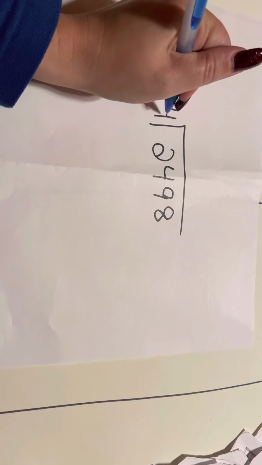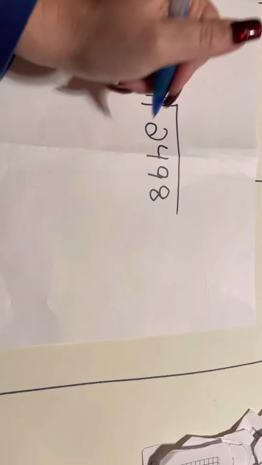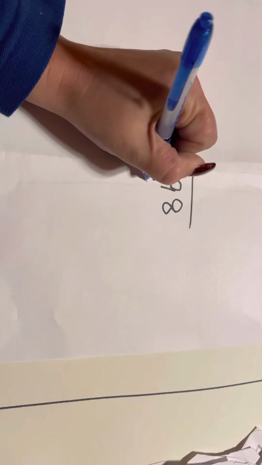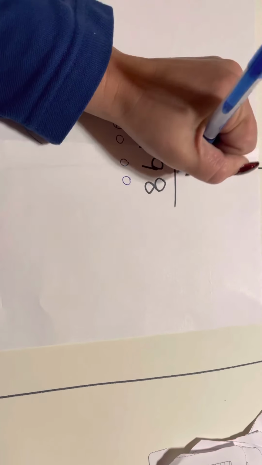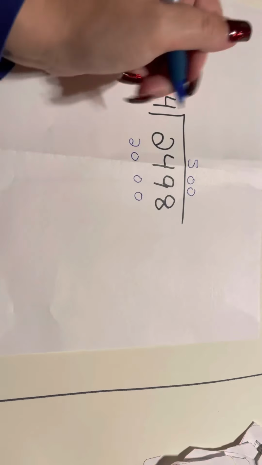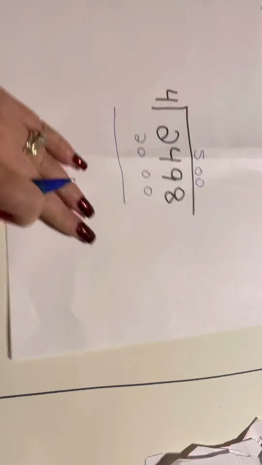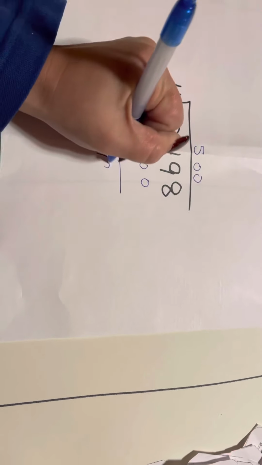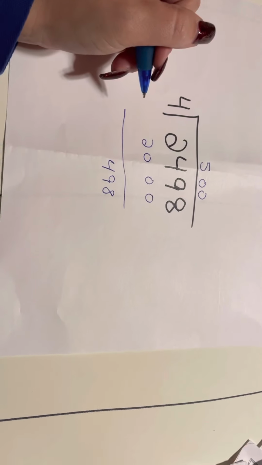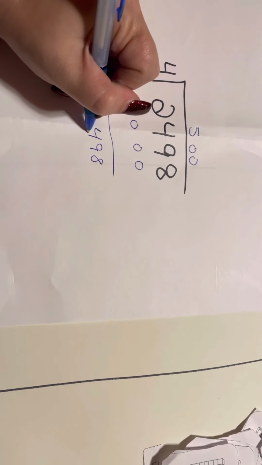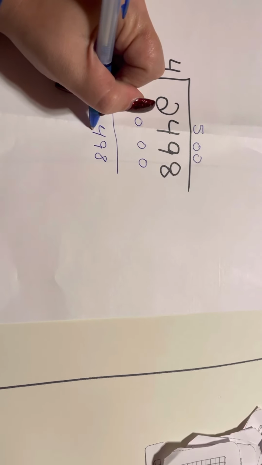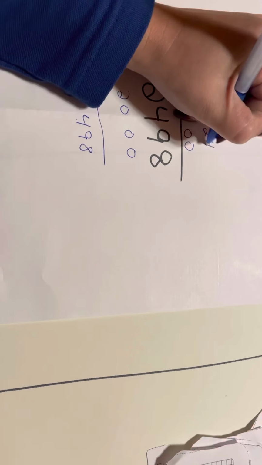So we know that 4 goes into 2,500 times. So that leaves 498. And then 4 goes into 498 124 times.